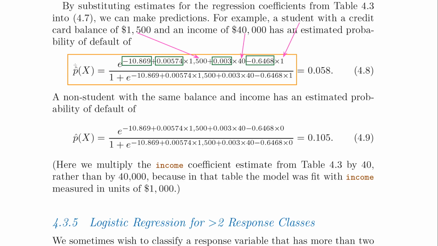So the estimated probability of default given this 3-component vector, 1,500, 40, 1, is 5.8%. On the other hand, if it's a non-student, that probability doesn't quite double, but it does go from 5 to 10%.